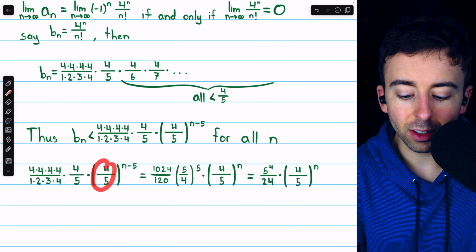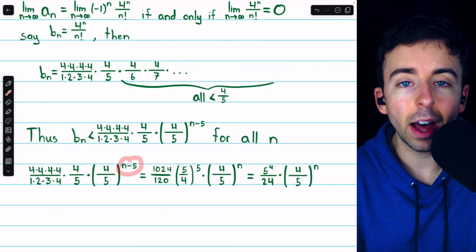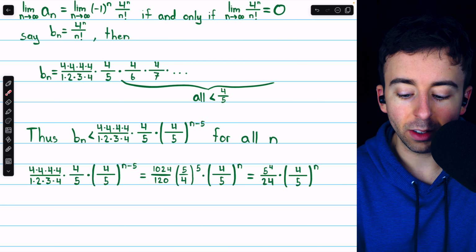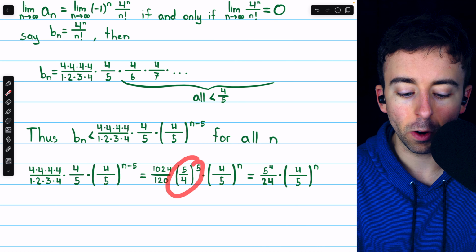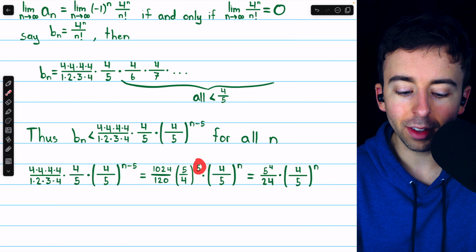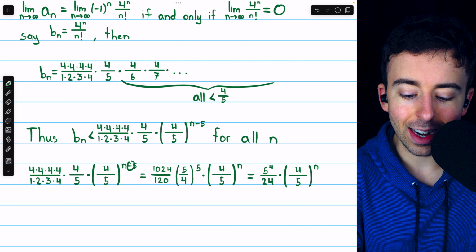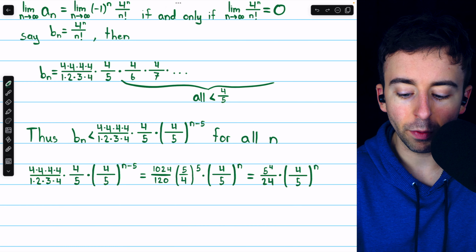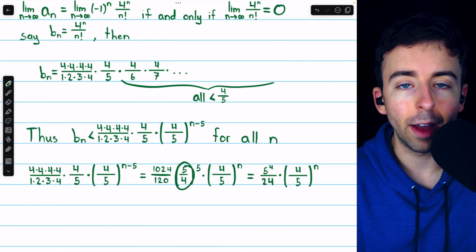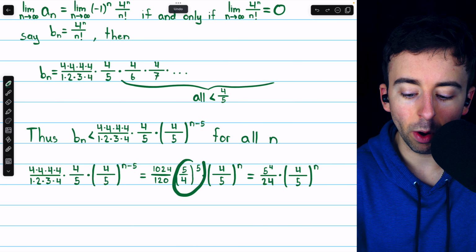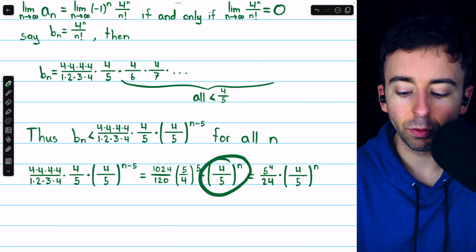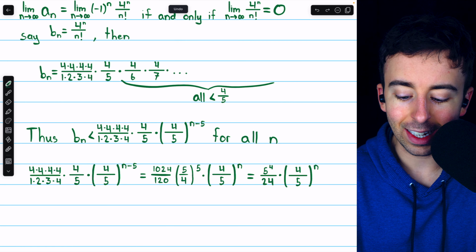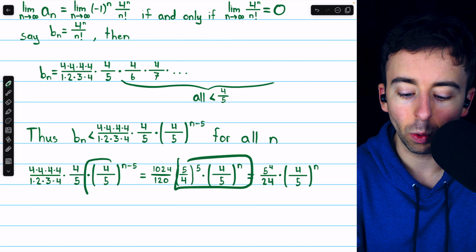Then 4/5 to the n minus 5 we can rewrite as 4/5 to the negative 5, which we see here. Notice that the 5 is positive because we just brought the negative in to flip the 4/5 to 5/4. So this is 4/5 to the minus 5, and we took that out, and so that leaves 4/5 to the n. Together, these two things equal this.